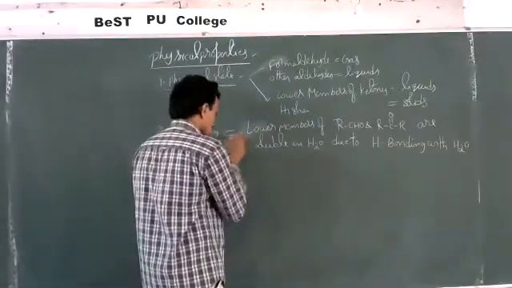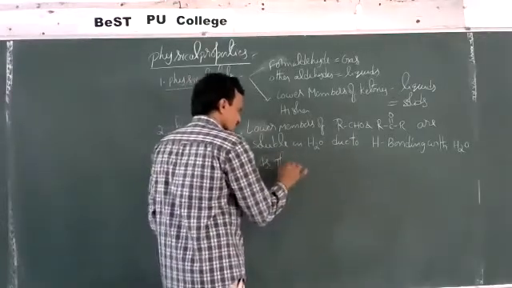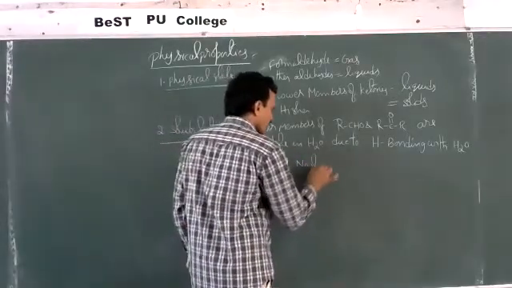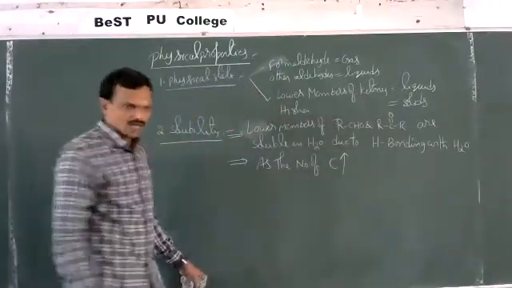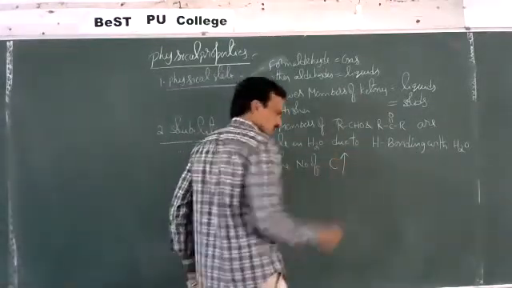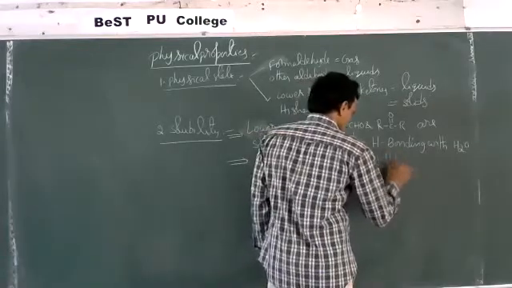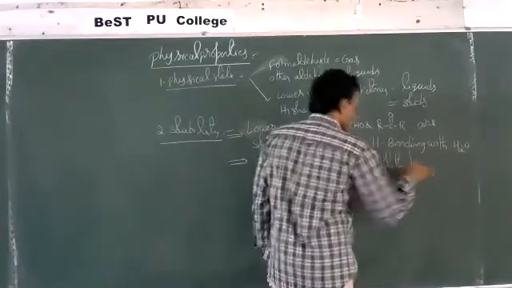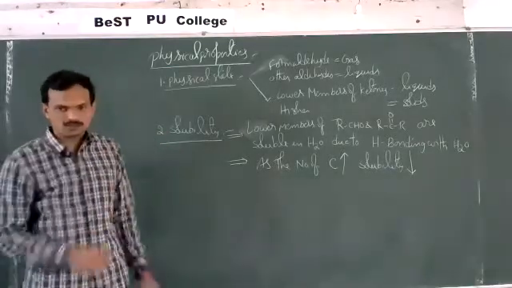Next, one more point here. As the number of carbon atoms increases, solubility decreases, either among aldehydes or among ketones.